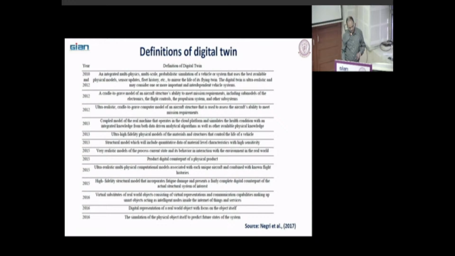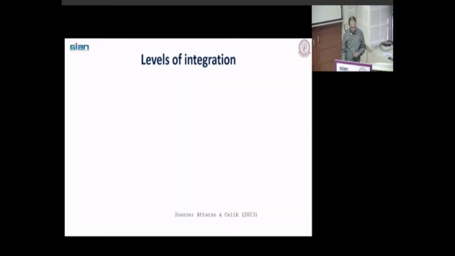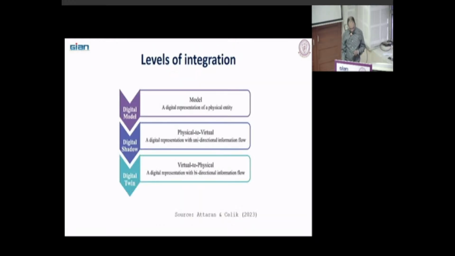So many interesting definitions are given, and again it depends on the area in which you are talking about the digital twin. So, levels of integration. Digital model, digital representation of. Now tell me the difference between digital model and digital twin.